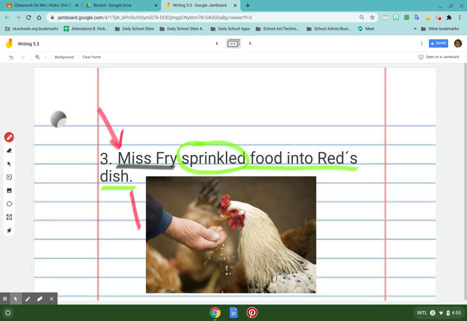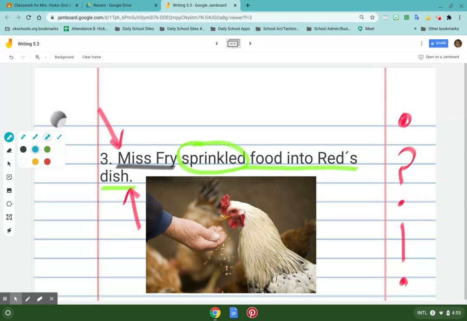Do I have a punctuation mark? Remember, punctuation marks are your period, your question mark, your exclamation point. All right. Yep. And then I say, okay, is there something like a noun where I could put an adjective? Well, let's see.